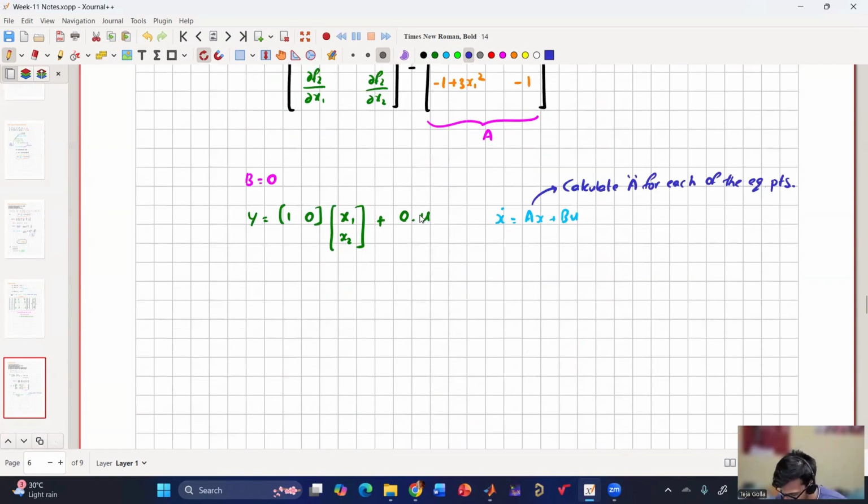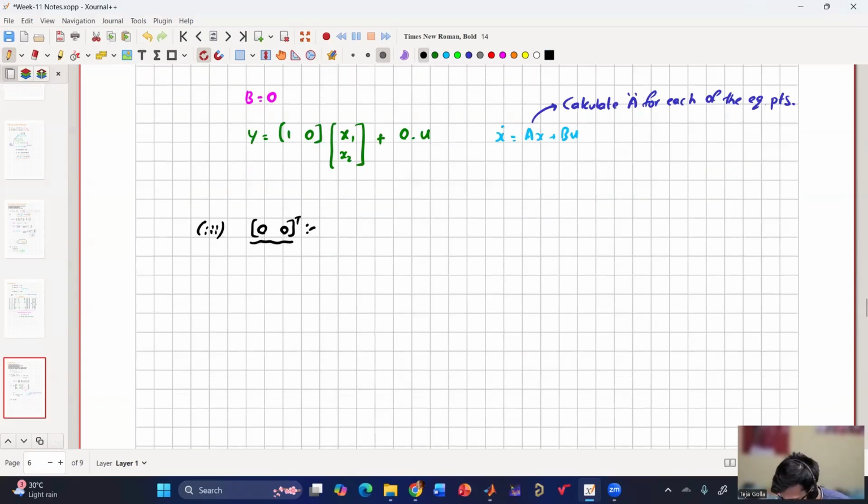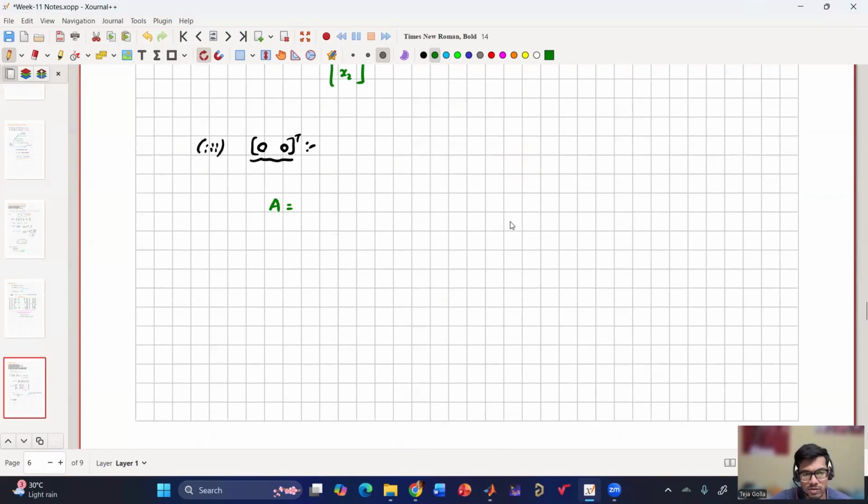First I am calculating the A matrix for 0, 0 transpose. If both are 0, then my A matrix will be 0, 1, minus 1, minus 1.